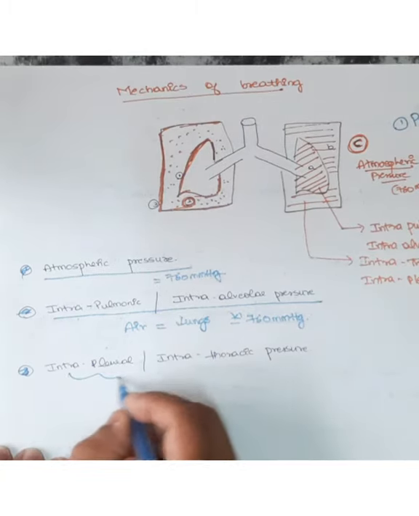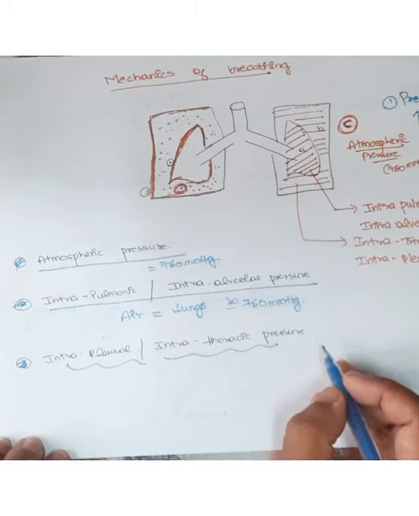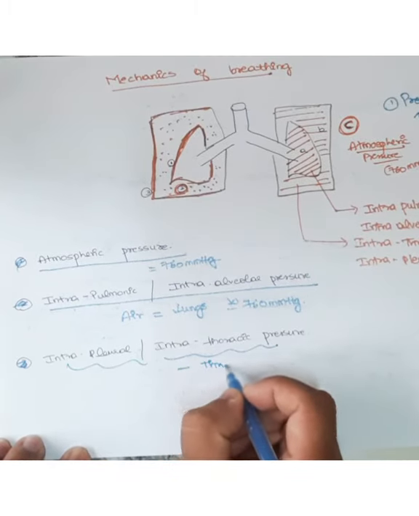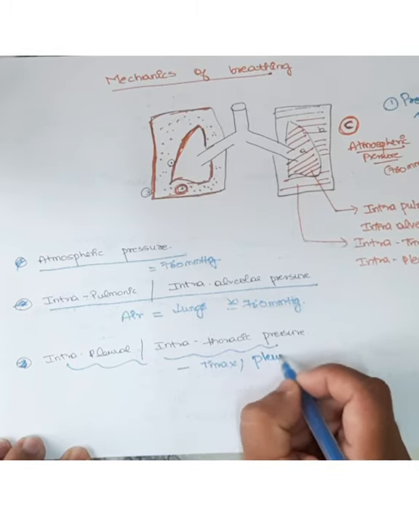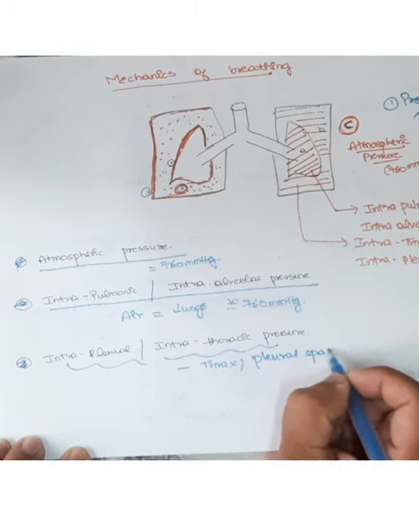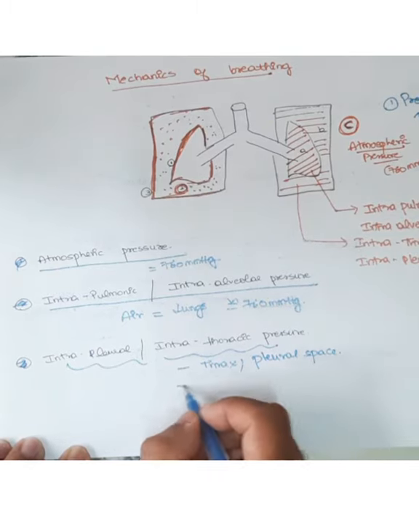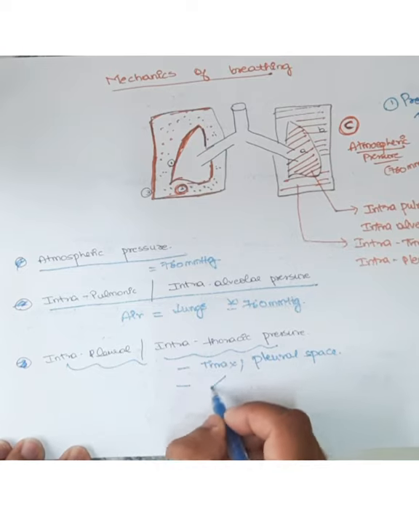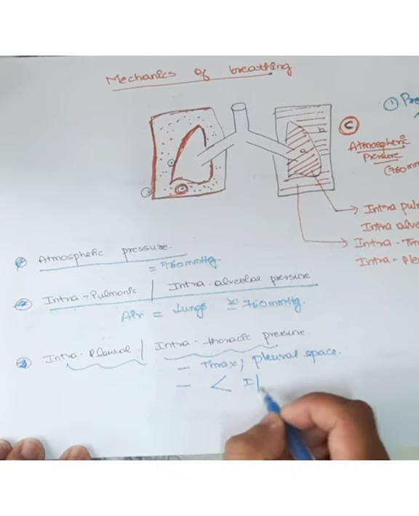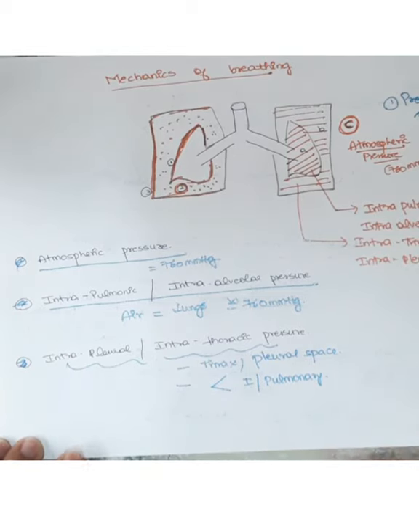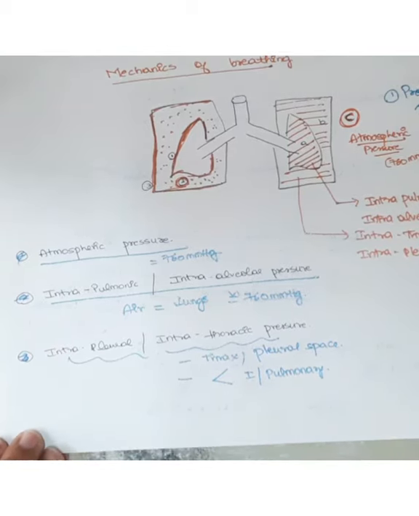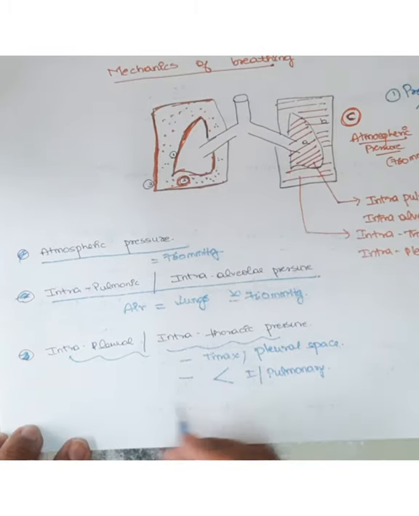Whereas the intrapleural or intrathoracic pressure is the pressure in the thorax or in the pleural space, and it is always less than the intrapulmonary or pulmonic pressure. How much is it?